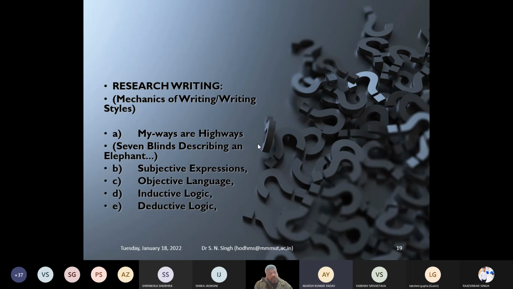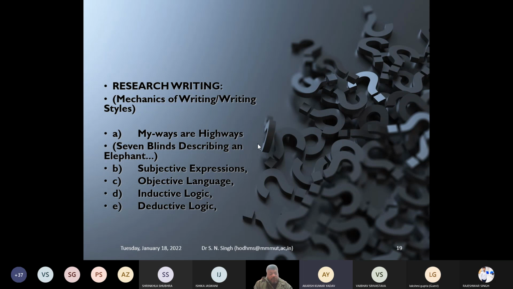Let us talk about inductive logic. When the term inductive logic is used, it means your logic, or the logical development of thoughts and ideas, should begin from the particular and move towards the general.